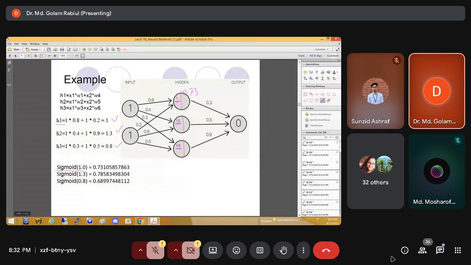Similarly, pass h2 to a sigmoid function, and we get the hidden layer result of our second neuron, sigmoid of h2, which is 0.785. And h3 will be the sigmoid of h3, 0.689, that is 0.69.